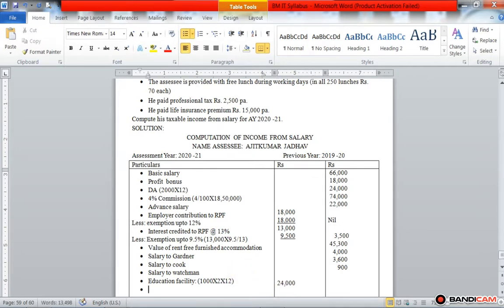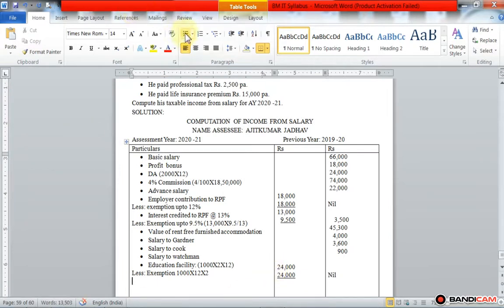Then less exemption. The educational facility perquisite is exempted up to rupees 1000 per month per child, with no restriction on the number of children. So here two children are allowed, so the whole amount is allowed for exemption. Then in the outer column, nil.